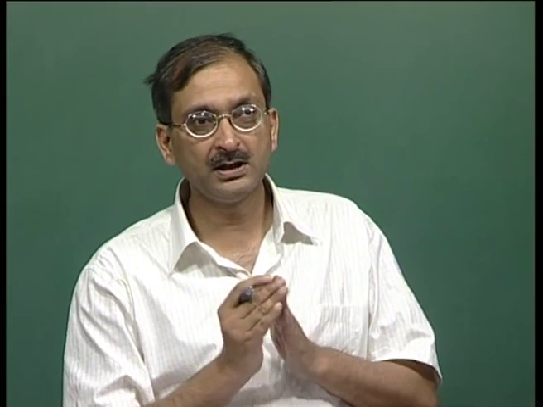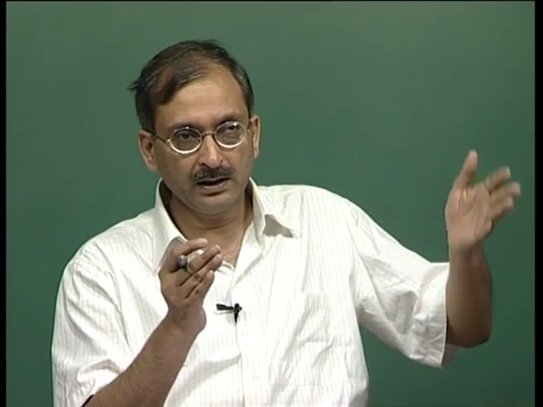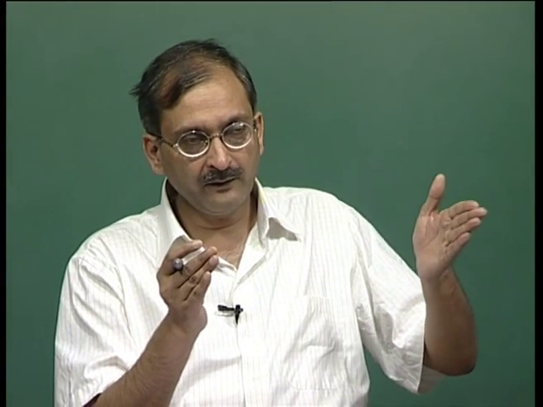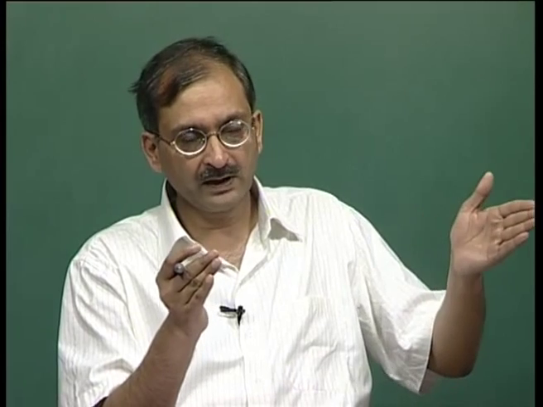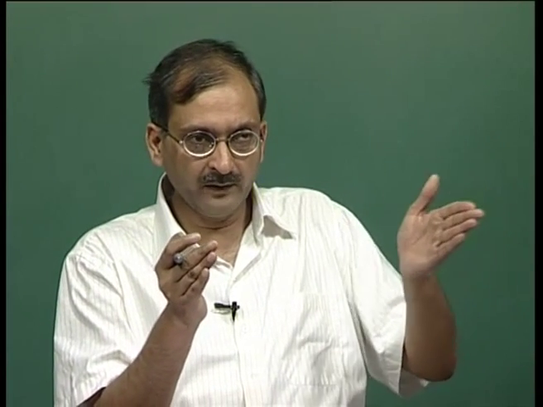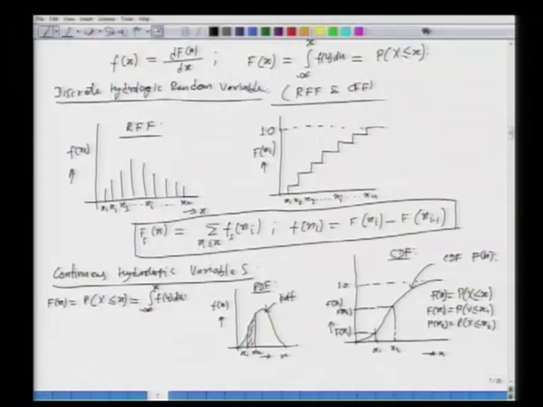This capital F of x represents the area under the PDF all the way from minus infinity, or 0, whatever the minimum of the range is, up to that value x. So, if you come here on this curve, F of x is nothing but the area under the PDF from minus infinity to x. That will be all of this area, and that is your capital F of x.